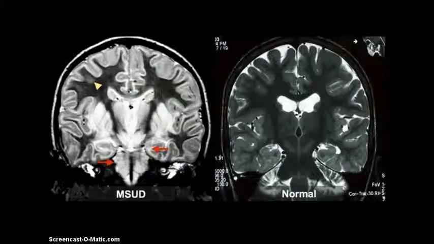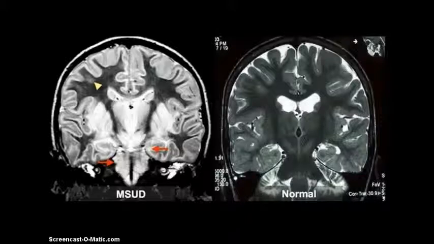Moving on to the brain, we can see that there are two main things that can happen to the brain. First off, MSUD can cause brain swelling. Also, like I said previously, MSUD can disintegrate brain cells. Let's look for an example of each.